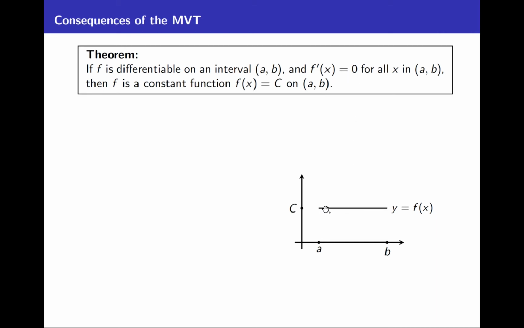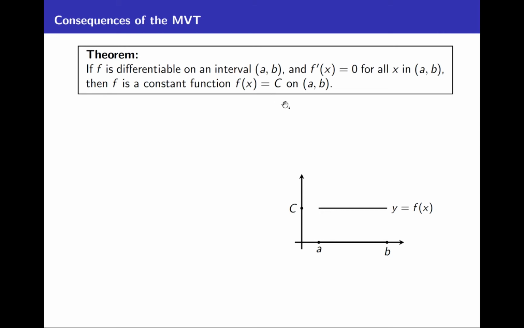And that means that the slope of a tangent to this graph is equal to 0 no matter where you are. And it seems clear that that graph could never rise nor fall, so it would have to be a horizontal line at height, say, some number c, meaning that f of x equals c.